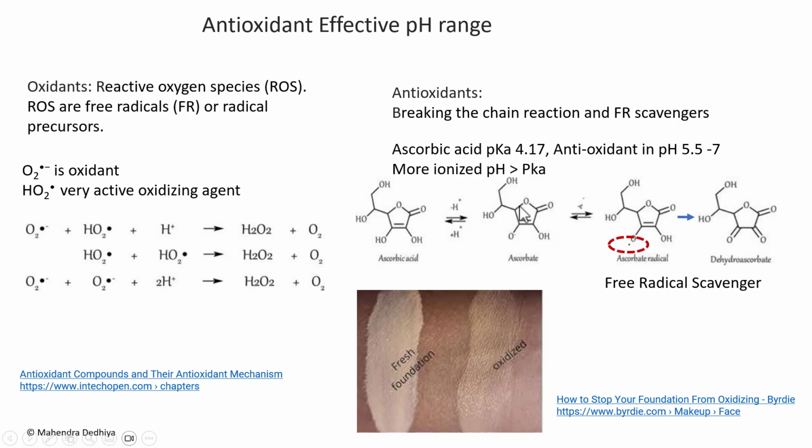We need to adjust pH of ascorbic acid formulation to 5.5 to 7, which is a reasonable range for most oral and cosmetic products. The picture below shows fresh foundation in cosmetic and then oxidized, changing its color. So to stop foundation from oxidizing, we need to add antioxidant.